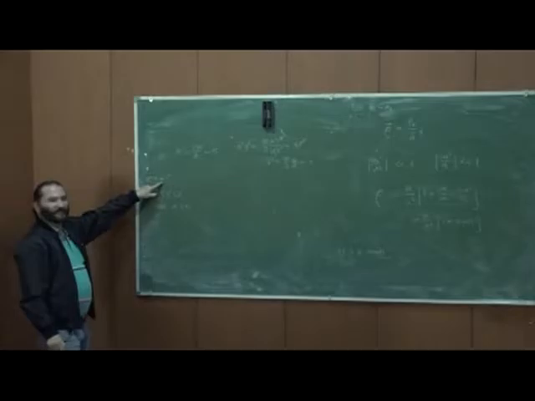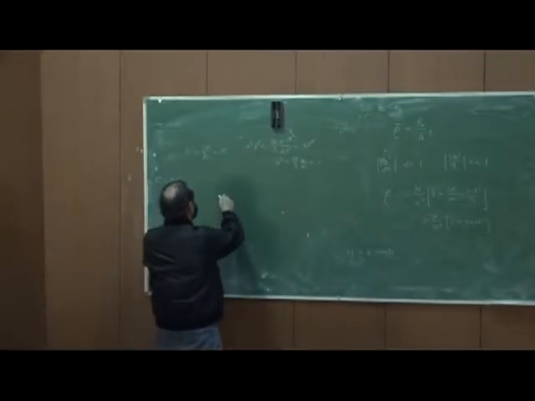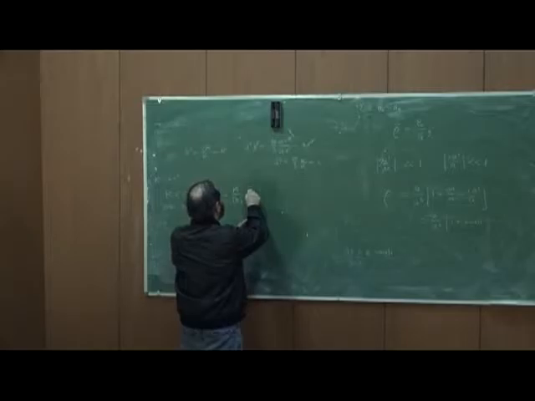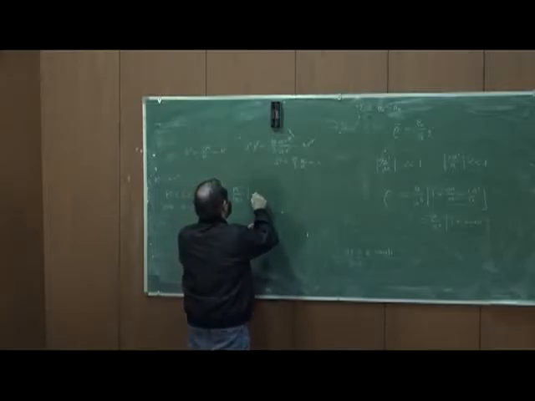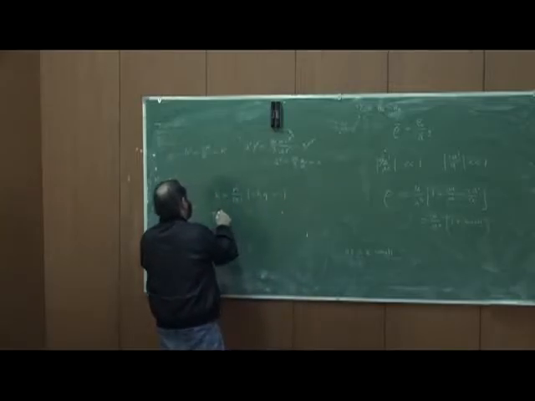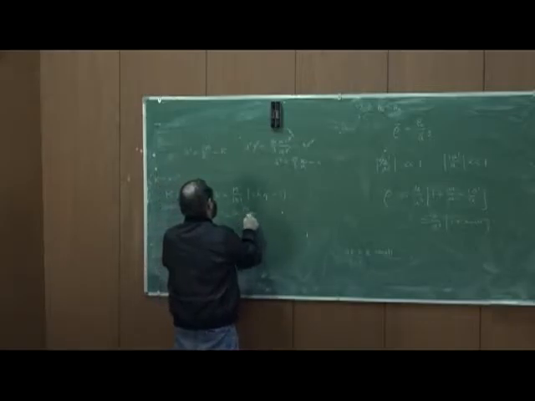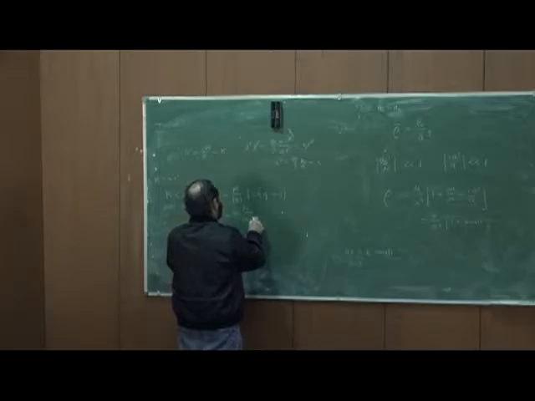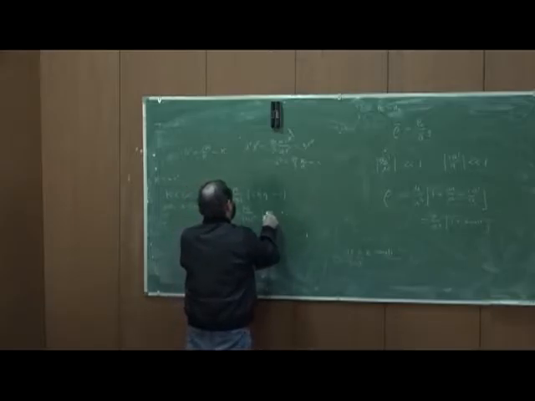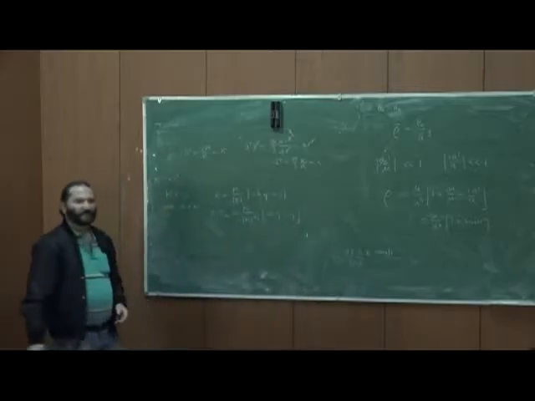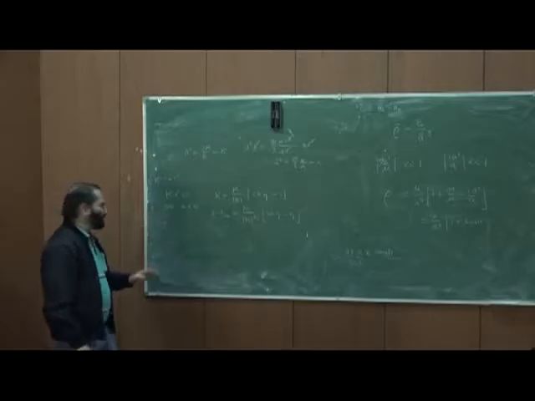So we had r equals n divided by k times (1 minus cosine), and t minus t_BB equals n divided by k to the 3/2 times (eta minus sine eta). This is what we have.